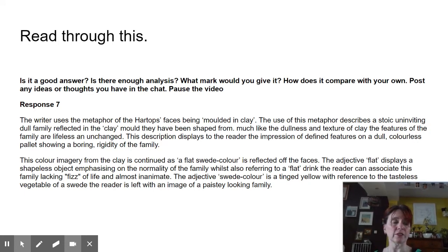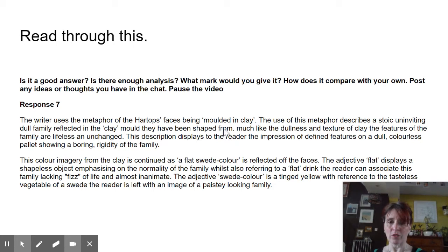Much like the dullness and texture of the clay, the features of the family are lifeless and unchanged. This description displays to the reader the impression of defined features on a dull, colourless palette, showing a boring rigidity of the family. That's a really great analysis of that moulded in clay metaphor. I really think that just really explains why he used that metaphor.